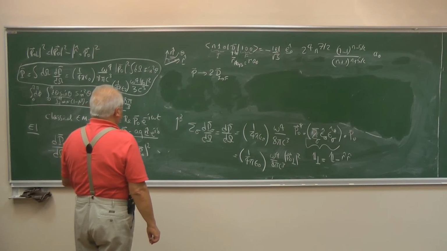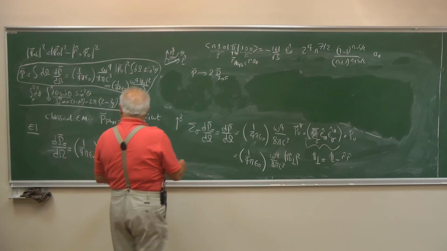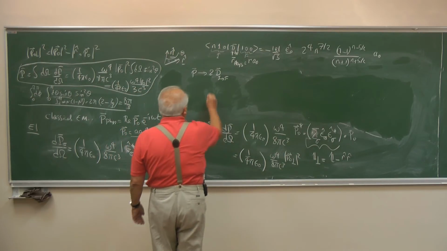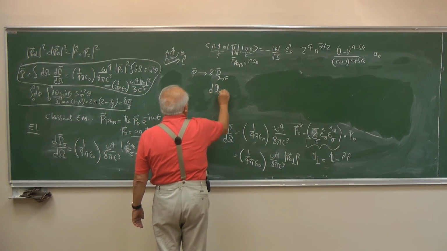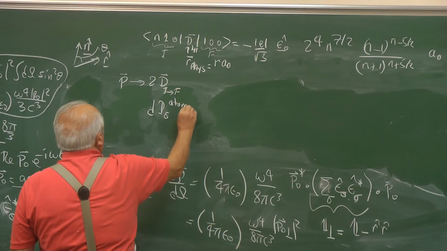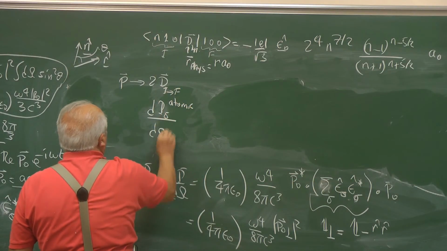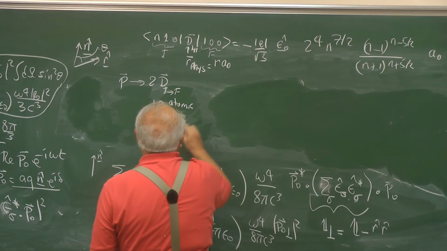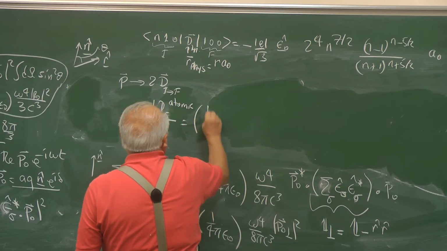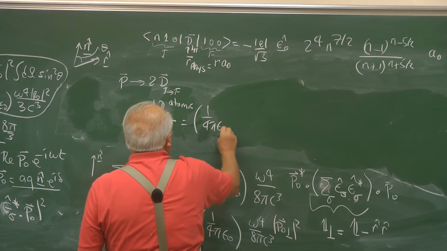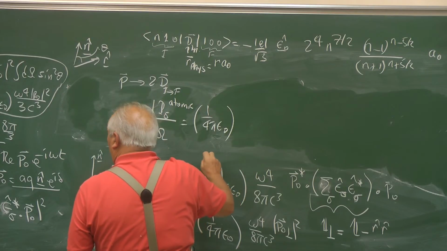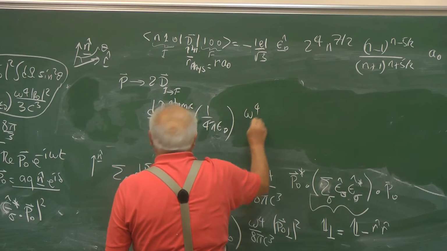Let me just copy these formulas. I will not write time average. I will just say dP sigma atomic over d omega per unit solid angle is 1 over 4 pi epsilon 0 omega to the 4.